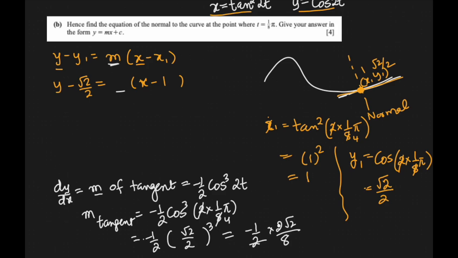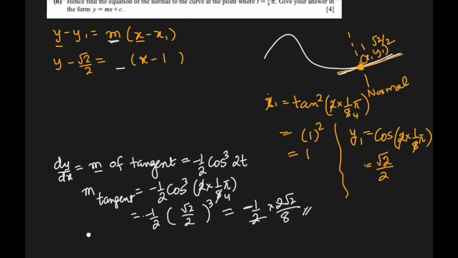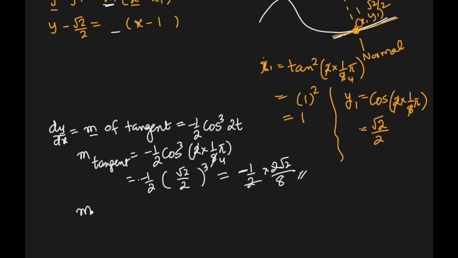So 2 and 2 cancel. Square root 2 over 8. This is the gradient of tangent, minus also. But the gradient of normal will be the negative reciprocal of this, which is minus.